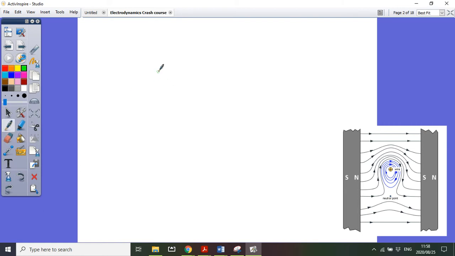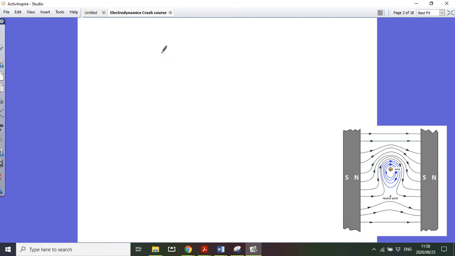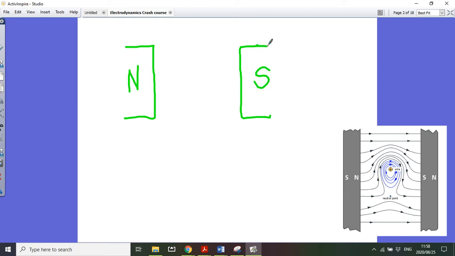So this leads us now to the motor effect. If I have a permanent magnet, so that means, now remember, this is part of a horseshoe magnet or a big magnet. You can't just have a North Pole and a South Pole. So this is part of something. So there's my North Pole and there's my South Pole. And because I have this area in between, I'm going to create a uniform field.